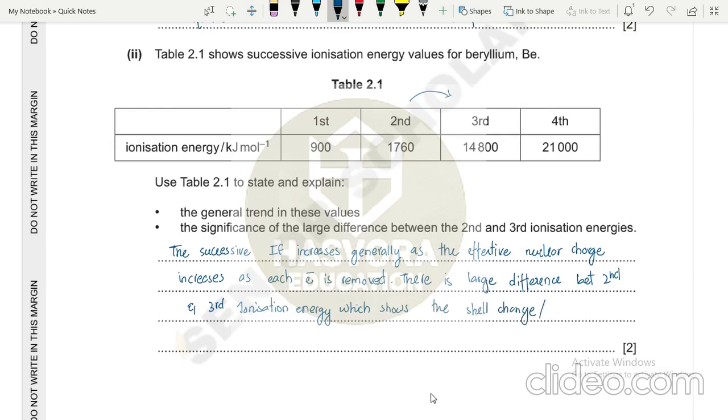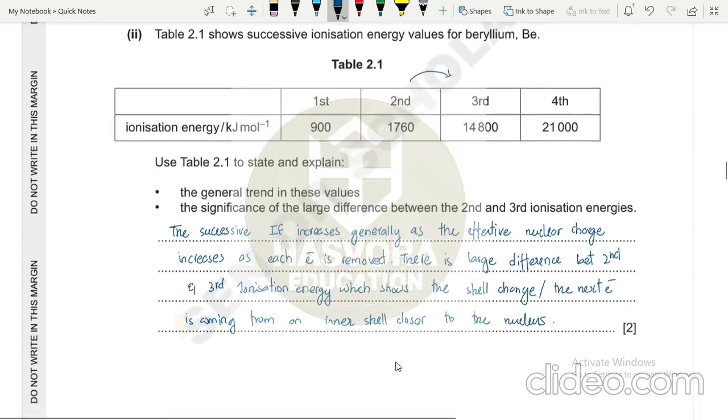Or you can also write that the next electron is coming from an inner shell closer to the nucleus. So this will be your answer, one for the general trend and one for the difference.